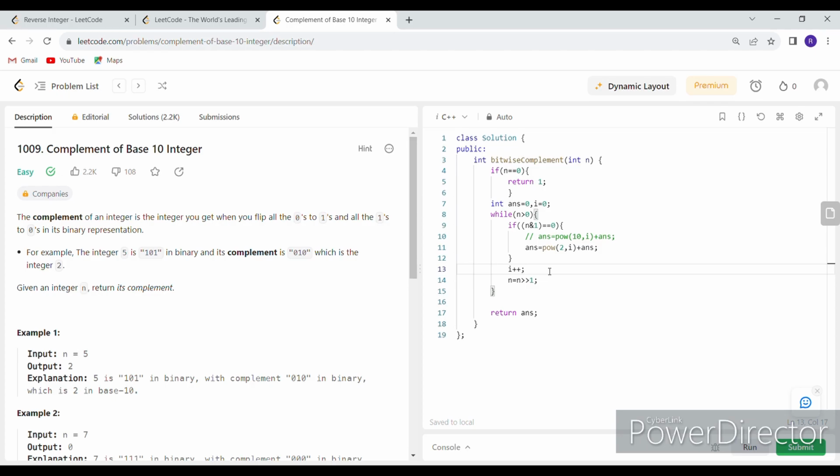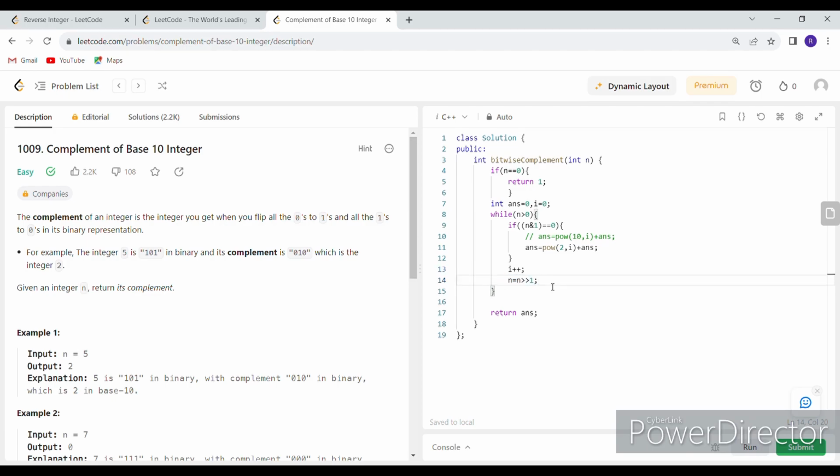We are just incrementing it so that we could raise 2 to that particular value of I whenever we are getting the last bit as 0, because it will eventually be converted into 1, and so for that we need the power of 2 which has to be added to the answer. And as we have to return the answer in decimal, we need to convert it into decimal.